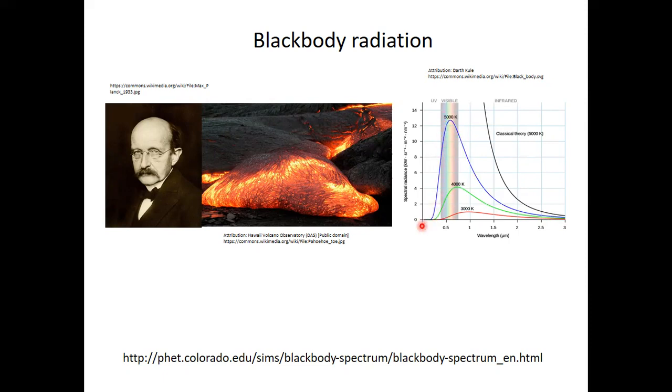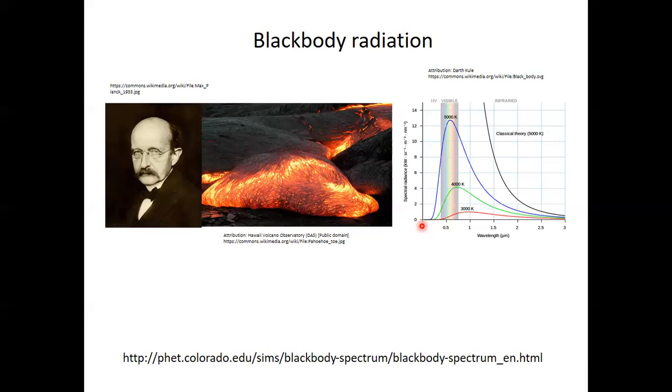All right. So at that time, he had no good reasoning as to why energy would be quantized, but he used the argument in order to fit the data.